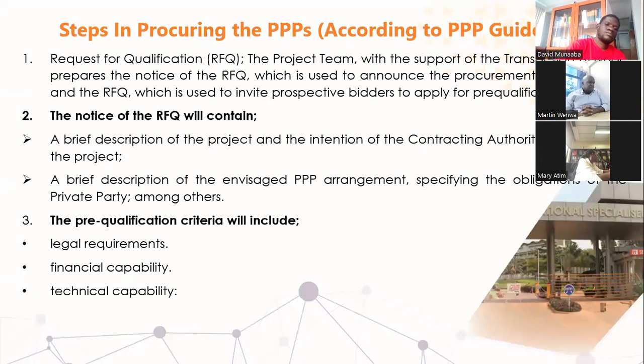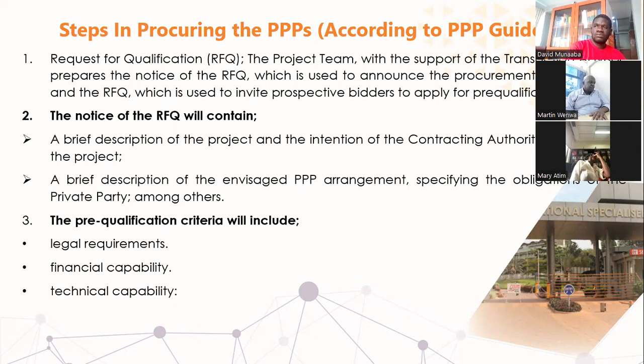Now, these are the steps in procurement of public-private partnerships according to the PPP guidelines. Number 1 is request for qualification, abbreviated RFQ. The project team, with the support of the transaction advisor, prepares the notice of the RFQ, which is used to announce the procurement of the project, and the RFQ, which is used to invite prospective bidders to apply for pre-qualification.